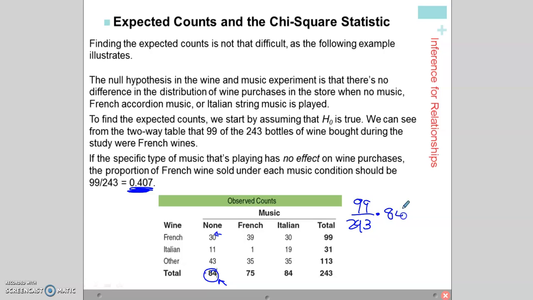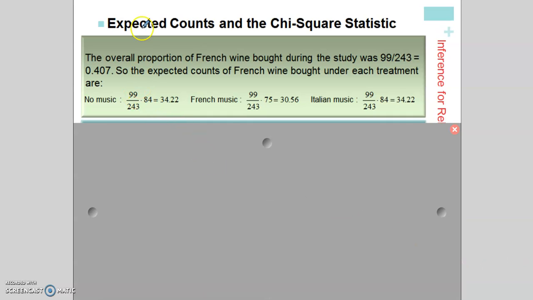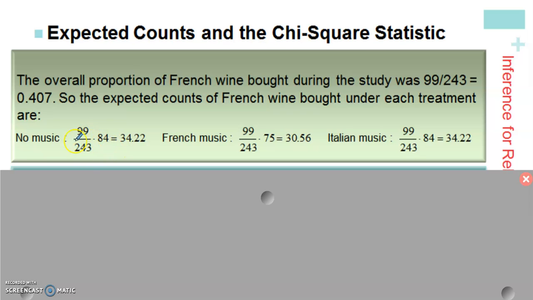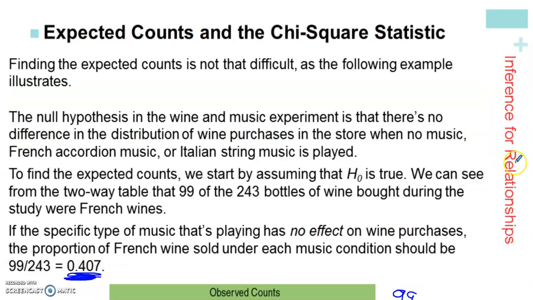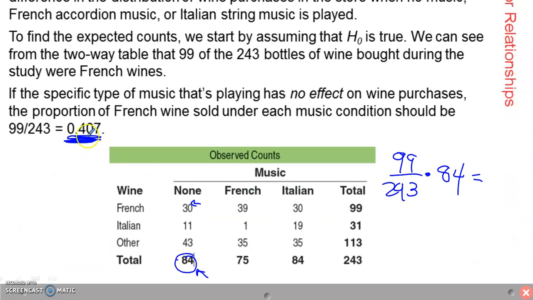I'm still going to assume that the total amount of wine I sold is 84, and that will give me an expected count right there. When I do that calculation, you can see I get 34.22.